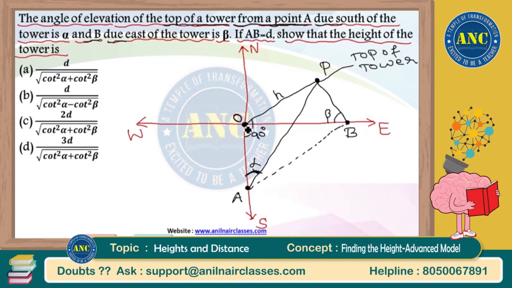Keep the pen at this point on the screen when you are watching this question. The bottom of the pen which is sticking onto that point O is the bottom of the tower, and exactly towards you, pointing towards you, keep the pen, and that pointer which is pointing towards you is the top of the tower. From the top of the tower till this point A, the angle is alpha, and if you check, there will be 90 degrees.